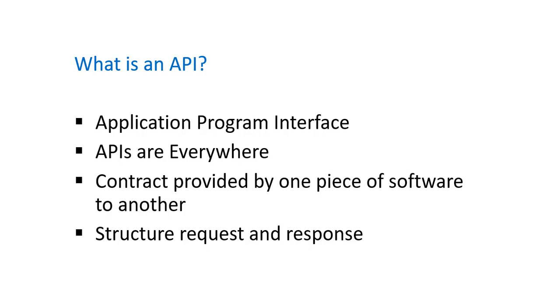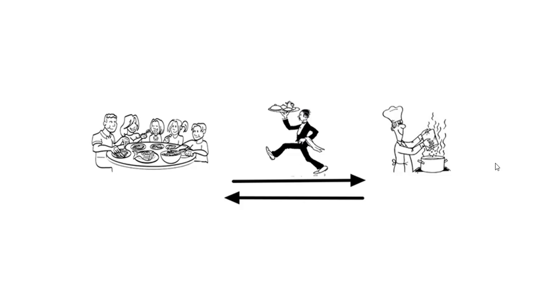In order for us to better understand what an API is, let's have a look at the analogy that I provided here. We have customers sitting at the table. Consider these customers as a client or web application, and the kitchen is the server or the service that processes certain requests.